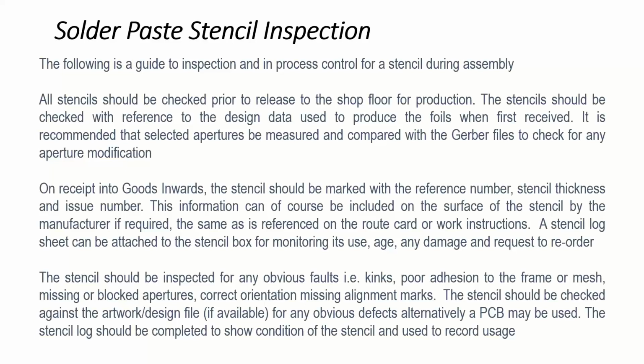You should look at a stencil when you receive it, check it, and you'll obviously check the design was right against the design data. You may offer it up to a light box to see that the condition of the stencil is good, and make sure that it's not damaged in any way, and look for any damage or kinks in the stencil. After the stencil has been used, the production operator would clean it, check it again, possibly using the light box to make sure it's perfectly clean.